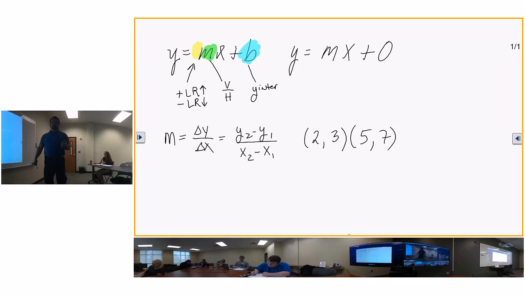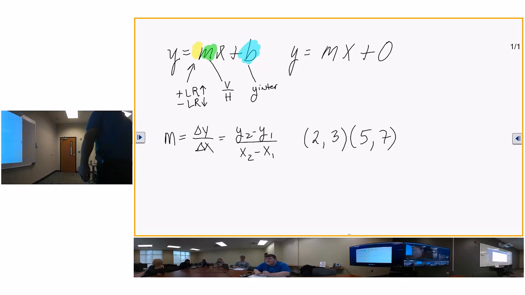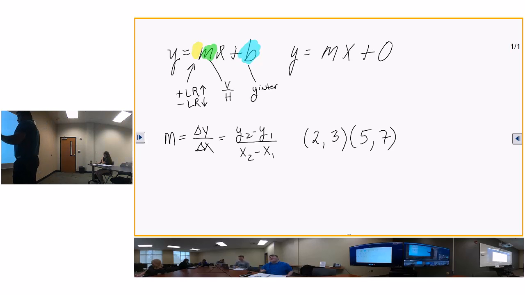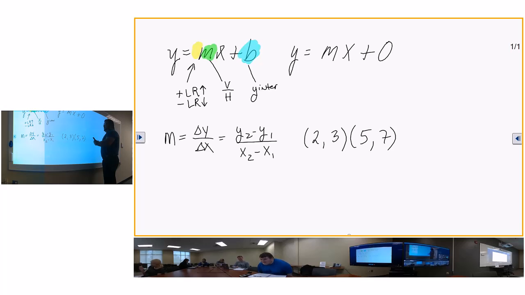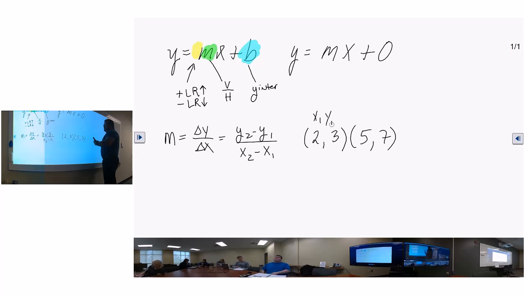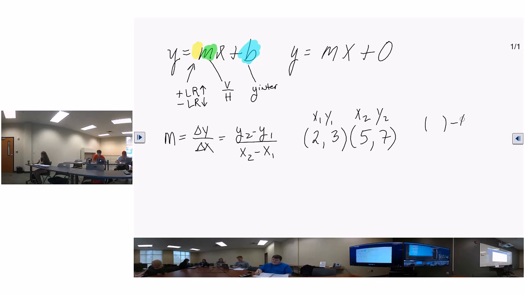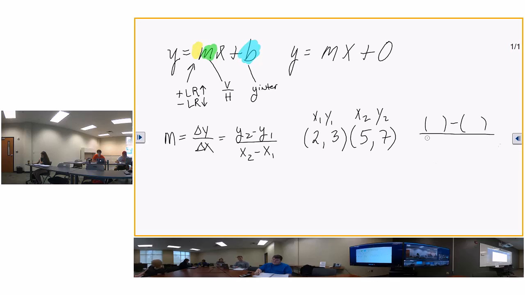Left to right, unless you're from the Middle East. So x sub 1, y sub 1, x sub 2, y sub 2, and plug and chug. Do you use parentheses? Yes. Do I use them just for teaching? No. I use them so I don't mess up.